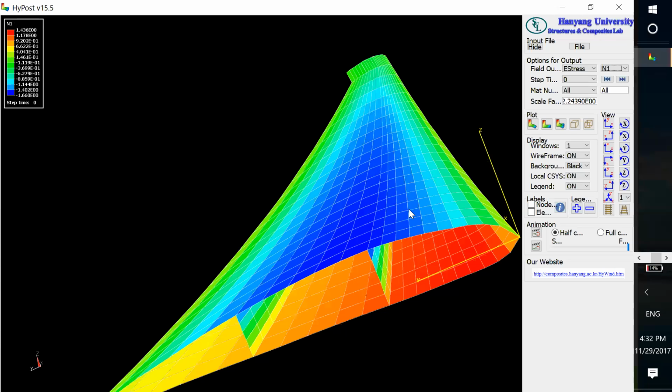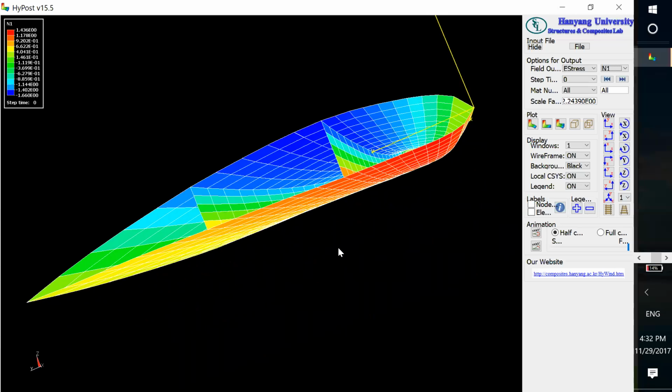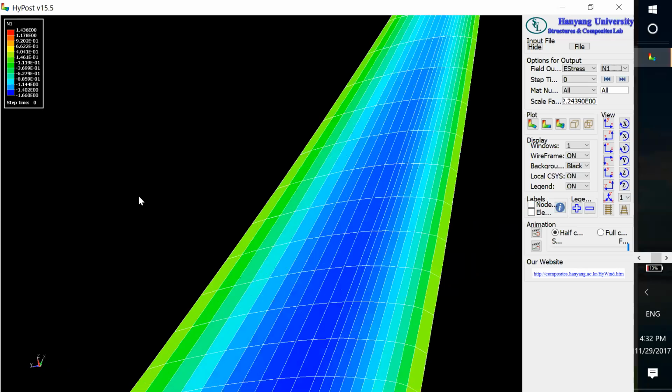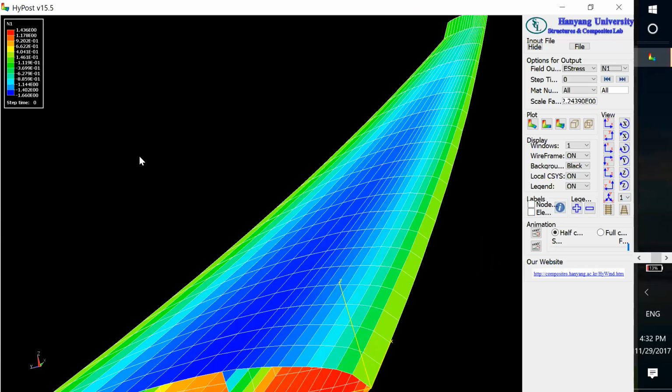What happened to the bottom skin? Tension, right? So look at the value, and blue is a minus 1.66, and the bottom is a lot of tension, and tension and compression. Is that okay?